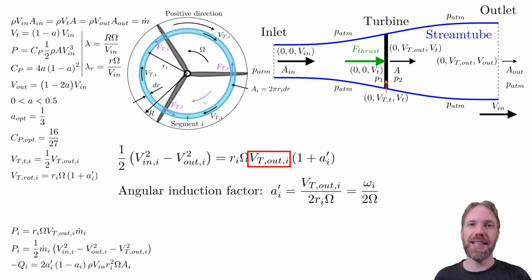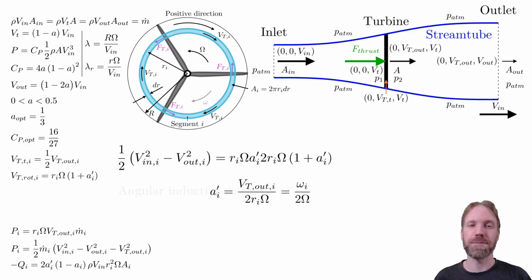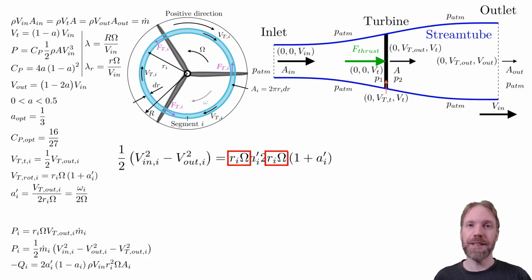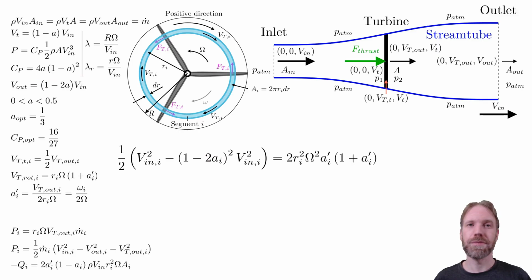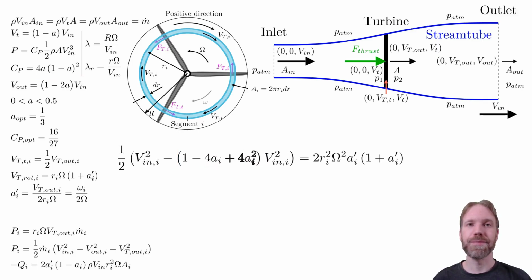Replace this Vt from the power and continue to look for an expression for A'. Combine. Replace V out using the actual induction factor. Expand the square. V in cancels.